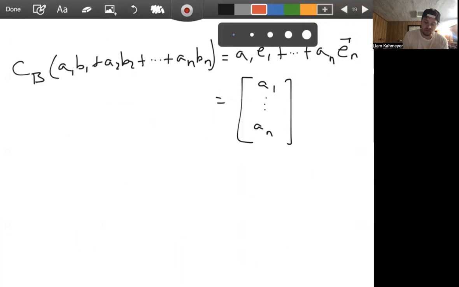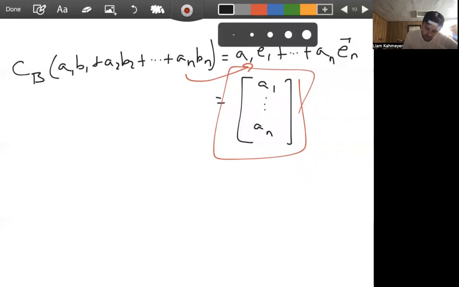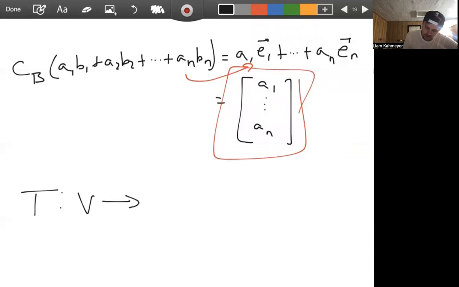It swaps out the basis elements, and we look at the vector we get in Rn, and we use this to our advantage.